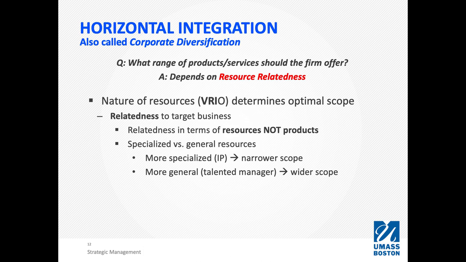It could be something more general. Someone could be simply really amazing at running a business. She's great at running them and making them more efficient and more innovative, and she knows how to apply that anywhere. Well, that more general skill of a talented manager can be applied across a number of organizations, and that allows more distant horizontal integration outside of the initial industry.